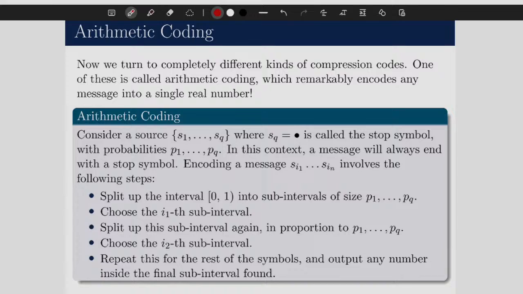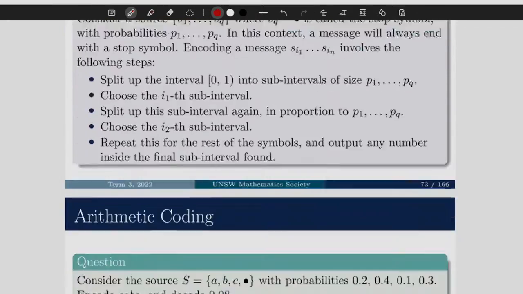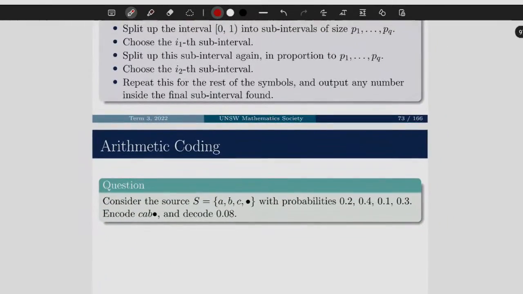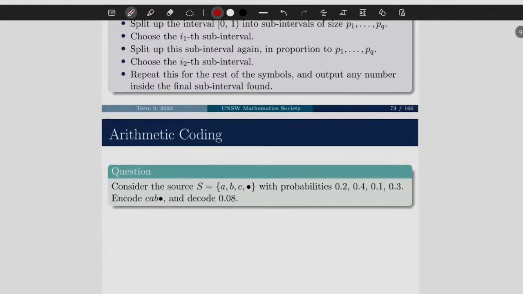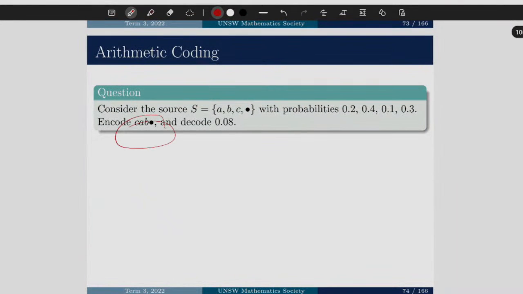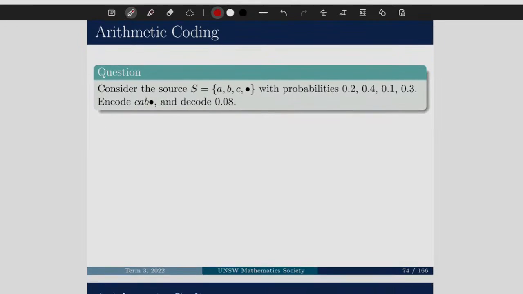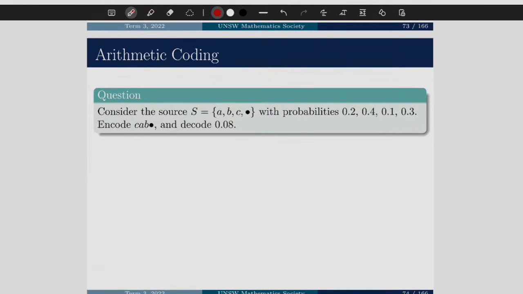I'll demonstrate this with an example. With this encoding, one way to track it is to write down the start and then the width. So if I wanted to encode CAB with a stop, then I draw a line from 0 to 1.